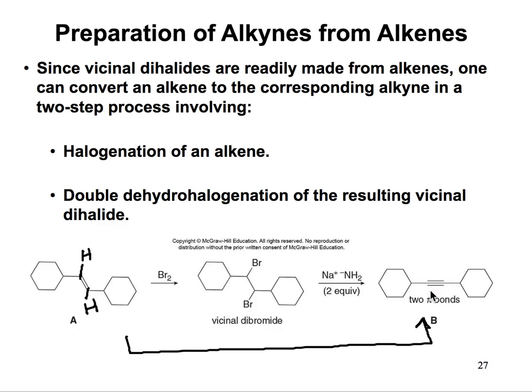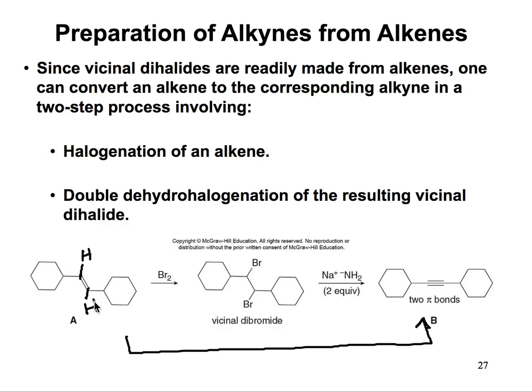So I'm going to say this again. We can get alkynes from alkenes, right? So A to B, but we cannot do that in just one step, because we cannot simply use base here. There has to be a leaving group in an elimination.